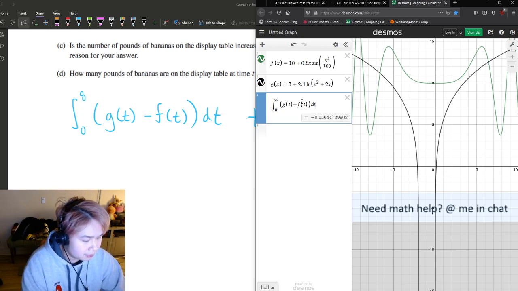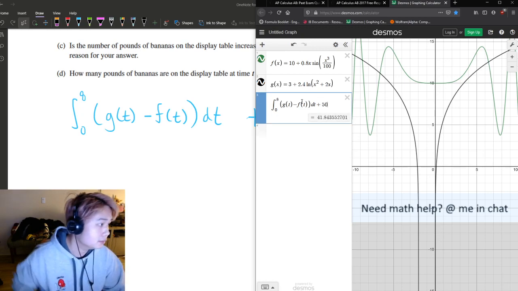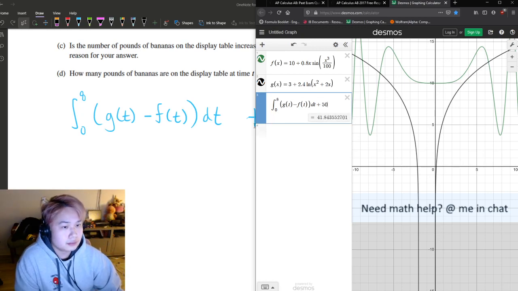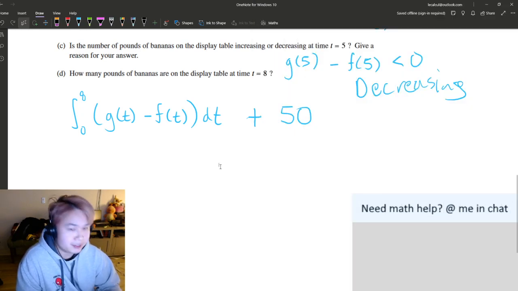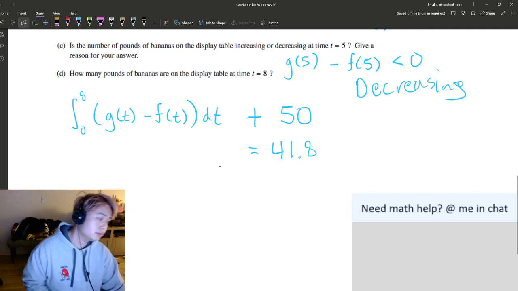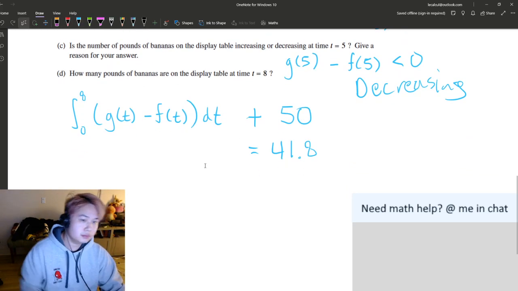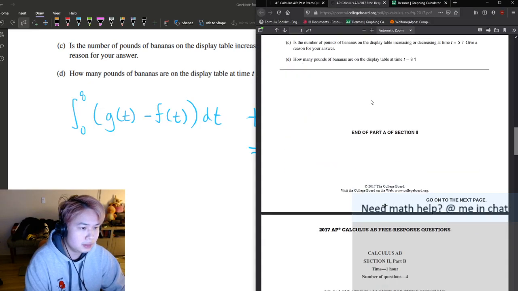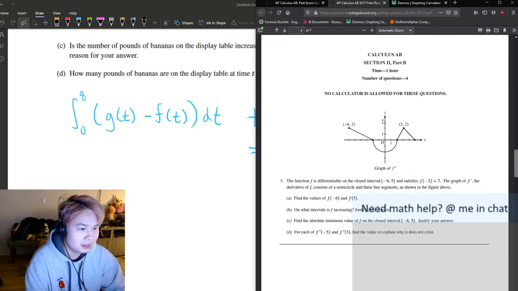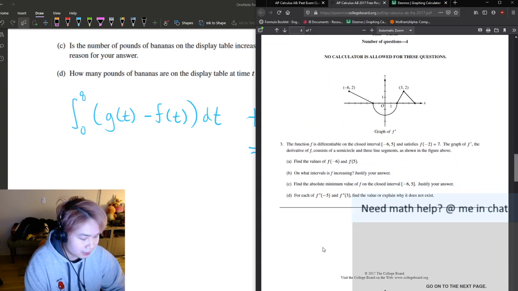And then add 50. So apparently there's 41.8 pounds after 8 hours. Okay, and I think there's only 2 parts, right? Yeah, and then now we go on to the better ones without a calculator.